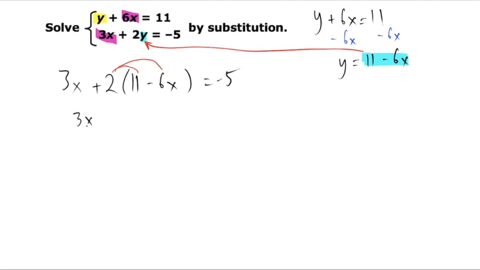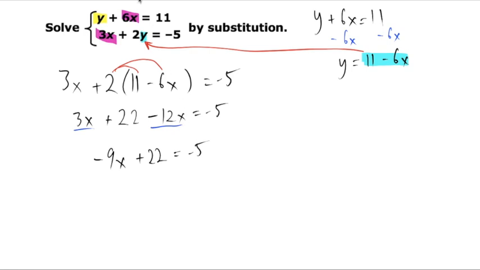I have 3x plus 2 times 11, which is 22. 2 times negative 6 gives me negative 12x. It equals negative 5. I then have 2 like terms on the left side that I can add together. So 3x plus negative 12x gives me negative 9x.